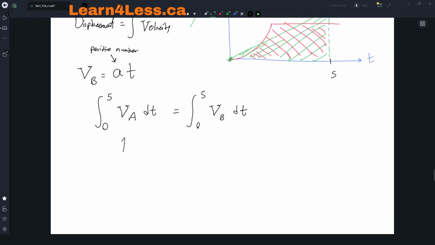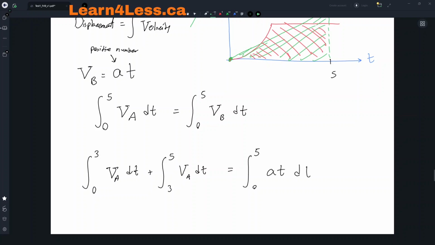So we need to break down this integral for runner A: from 0 to 3 of velocity A, which I will replace later, plus from 3 to the endpoint 5 of velocity A, equals the integral from 0 to 5 of a times t, where a is just an arbitrary, constant positive number, dt.